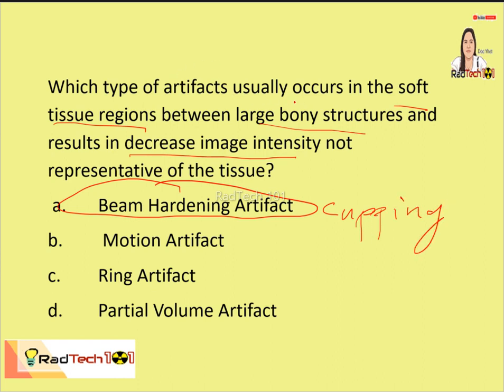So, it is an artifact that occurs or appears in the soft tissue regions between large bony structures. Okay, so kapag may mga large bony structures and sa gitna ng between these large bony structures, may soft tissue, so it results to beam hardening artifact.